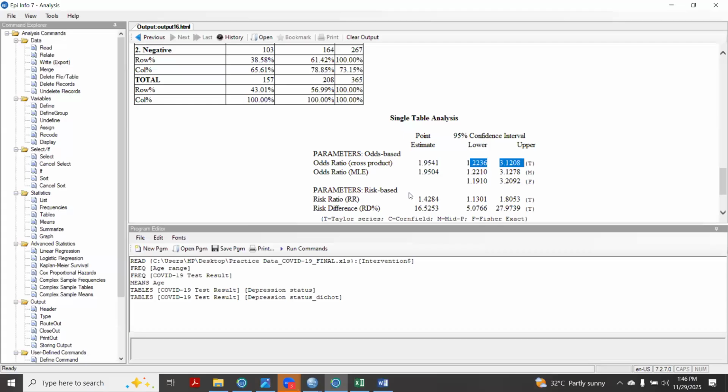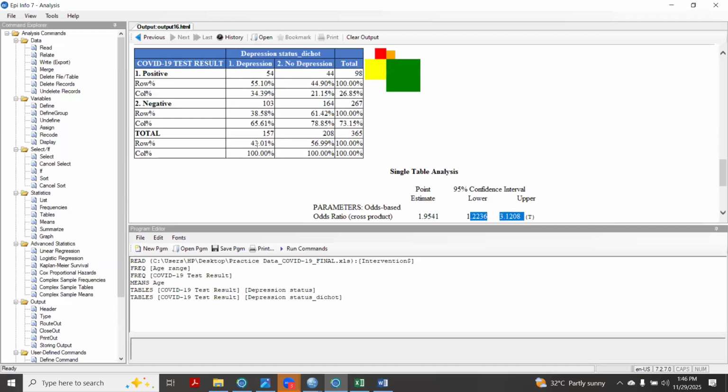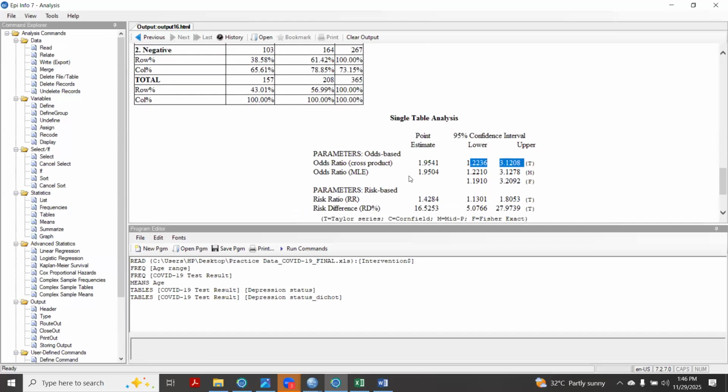You are not responsible for the exposure, you can't tell. But for relative risk, you are responsible for the exposure, so you can beat your chest and say it is the exposure that caused the disease. So for cohort study, you can say they are 1.42 times more at risk of having depression compared to those that tested negative.